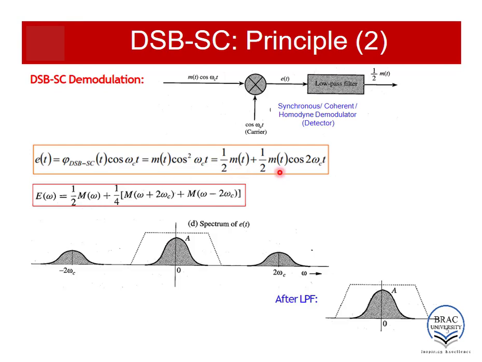Now what is the case for m(t) cos 2ωct? One thing to remember: when you multiply a signal with a cos wave, in the frequency domain the frequency spectrum of the original message signal is transformed to the positive and negative values of the carrier frequency or the frequency of the cos wave.